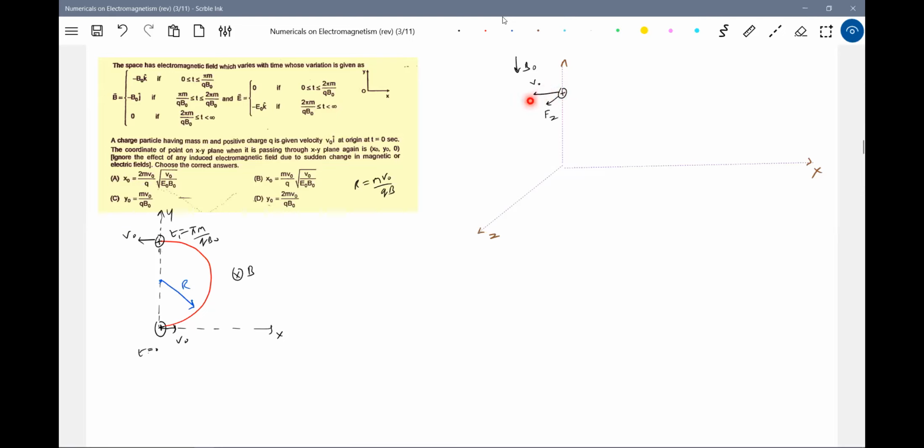It should deviate like this. Then it will touch the y coordinate after that time. What is the path of the particle? First it is here. I'll make it.